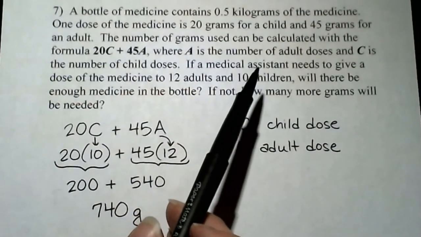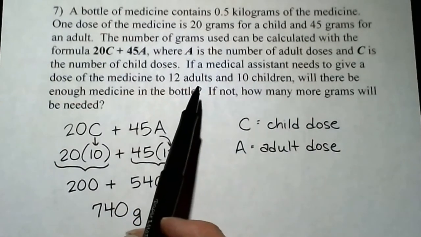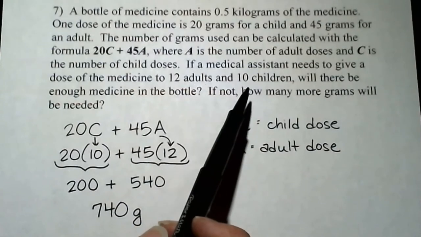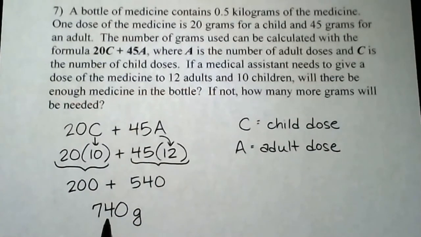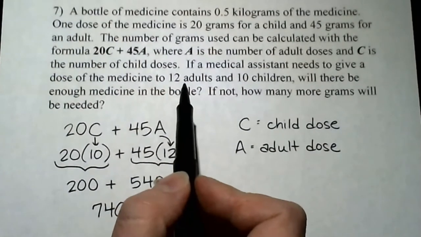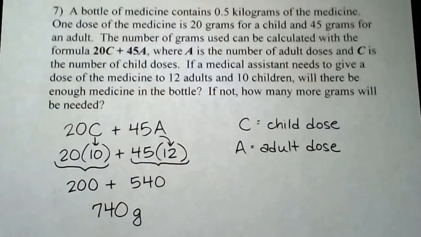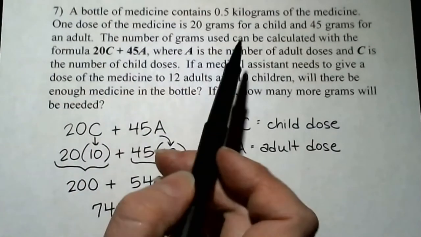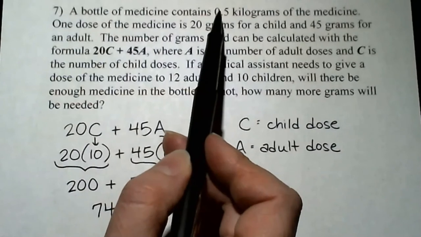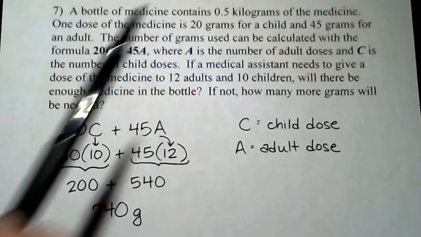The medical assistant needs to give a dose to this many adults and 10 children, which means that we need a total of 740 grams in order to give it to this many people. Let's see if we have enough. The bottle has 0.5 kilograms in it.